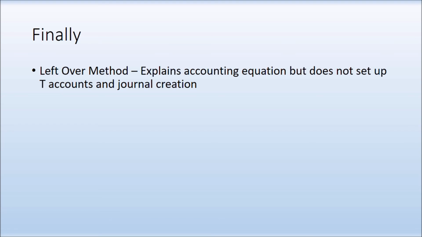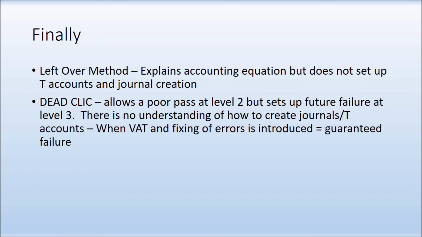The leftover method explains the accounting equation, but it doesn't really set up neat T accounts and the creation of journals. That's its big weakness, and so people can't see how those journals are created. It doesn't come naturally, and then they struggle when we start to produce error questions and VAT. DEAD CLIC allows a poor pass at level 2, but you will have to undo it.